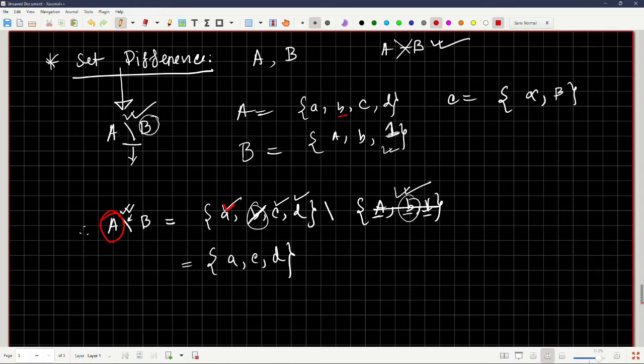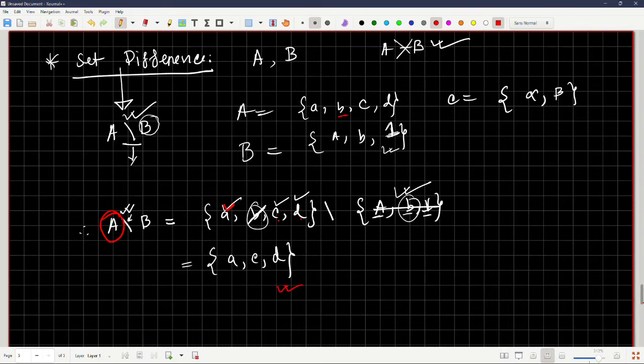Small b is there in capital B, right? What about small c? Small c is not there in capital B. Similarly, small d is not in capital B. So the unique elements that are not in capital B are a, c, and d. So you just find them out, and that's your result.